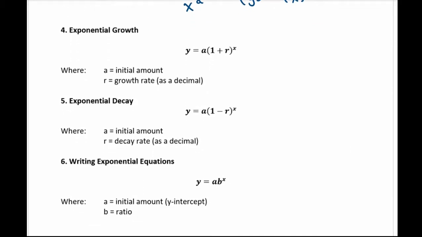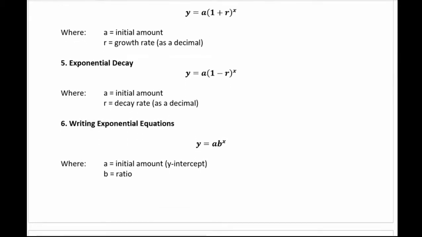If we are writing exponential equations from a table of values, it's going to look very similar in the end. However, we are going to have a different general form. In this case, y equals a times b to the power of x. A again is the initial amount, and b is the ratio, which we get from our table of values.